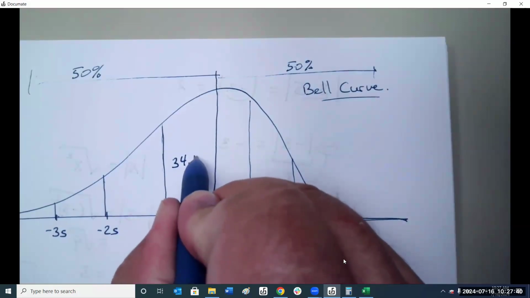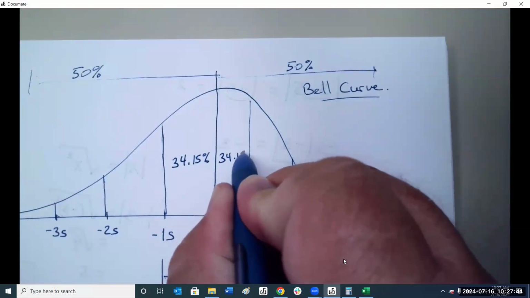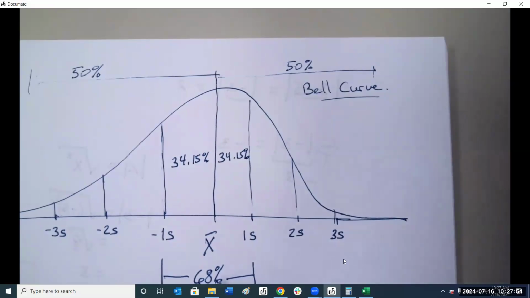It's actually 34.15% on both sides, from empirical data. This is just an approximation because you don't want decimal places here. So as you'll see, you'll get that.